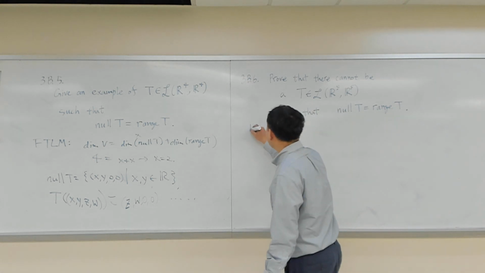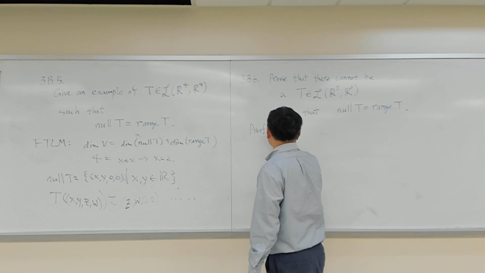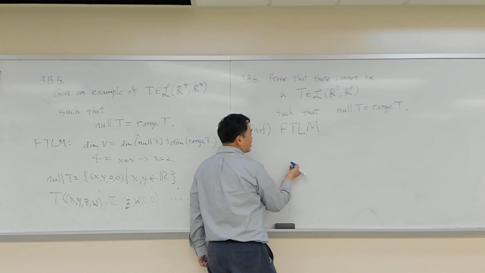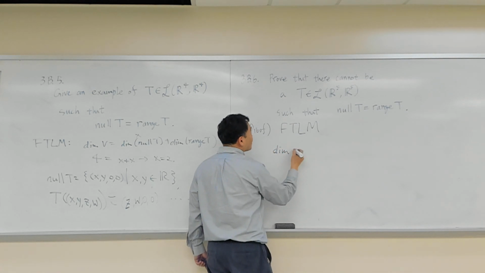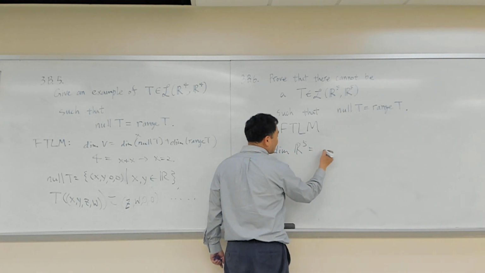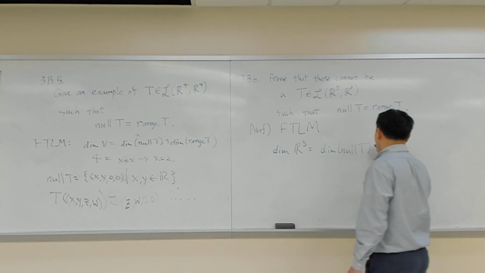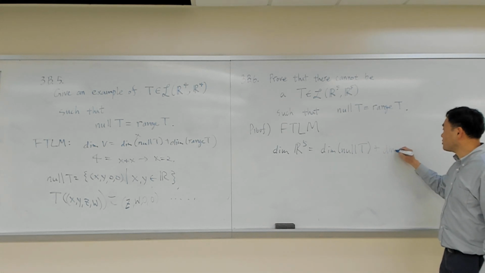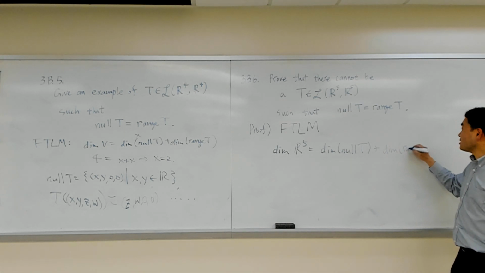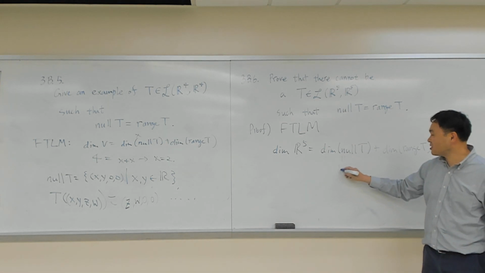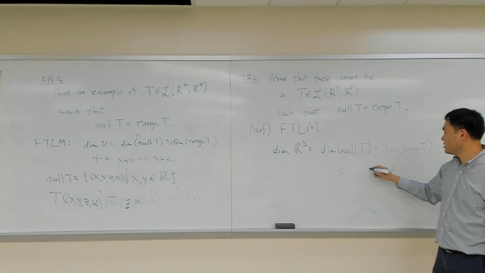So proof is: the fundamental theorem of linear maps says that dimension of R5 is the same as dimension of null of T plus dimension of range of T. And if these are the same, let's say this is K and that's K, right?